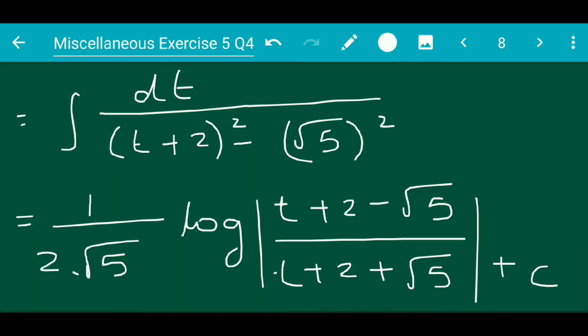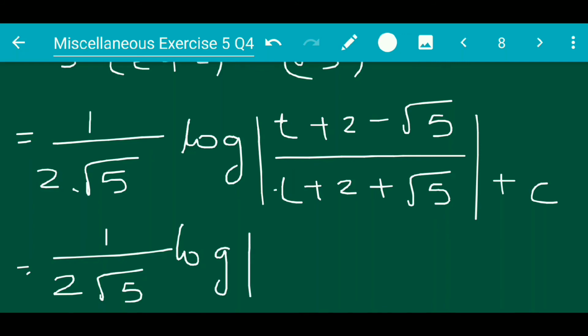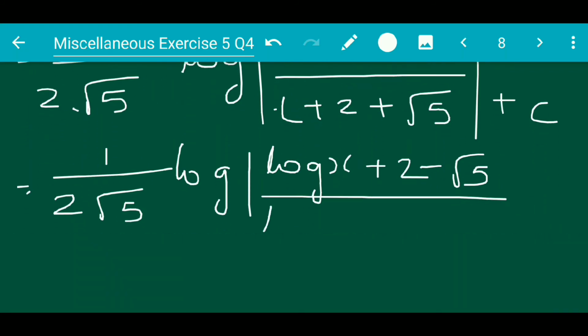Now we only have to substitute. So 1 upon 2 root 5 log mod of, t was log x, so t becomes log x plus 2 minus root 5 upon log x plus 2 plus root 5.